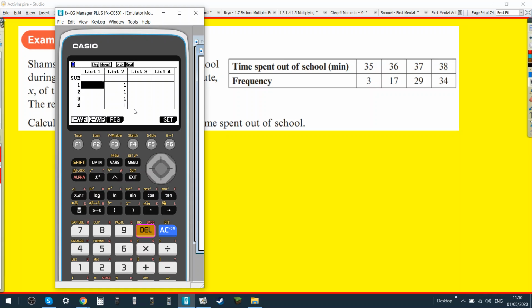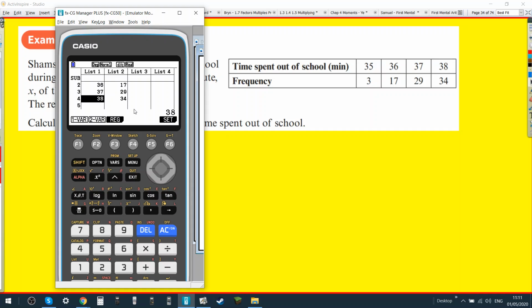Okay, so for this one, your list 1 is the x and your list 2 is the frequency. So try that. Tell me when you've got that.